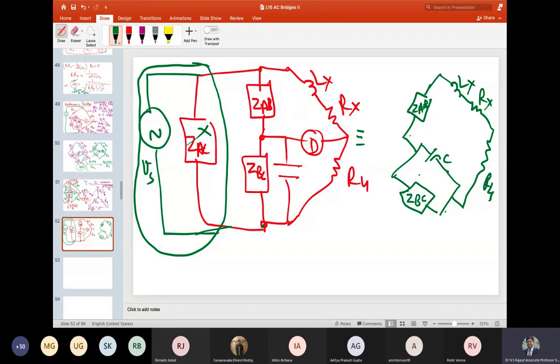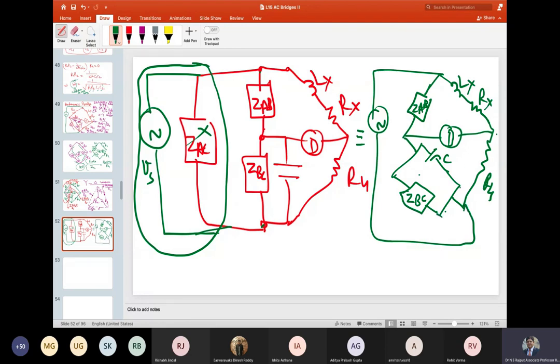And here you see that the detector has been placed, right? So now, this is the power supply which is connected as usual.